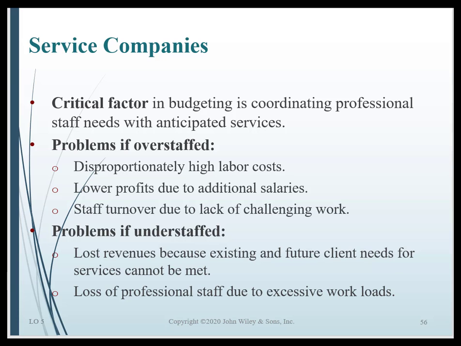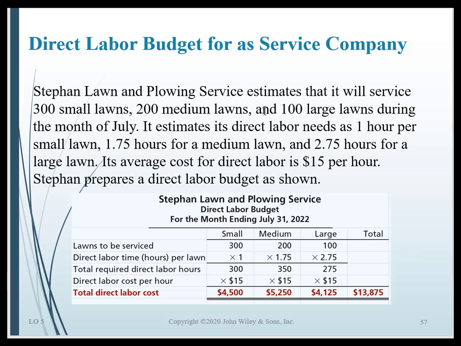So how do we manage the labor budget for a service company? Again, we have to set up some basic rules. What kind of services are we going to do? We're going to do 300 small loans, 200 medium loans, 100 large loans. So here's the work we're going to do, the service we're going to provide. How much time does that take?